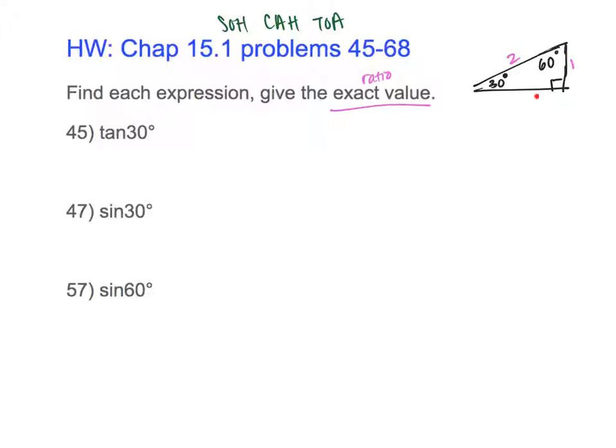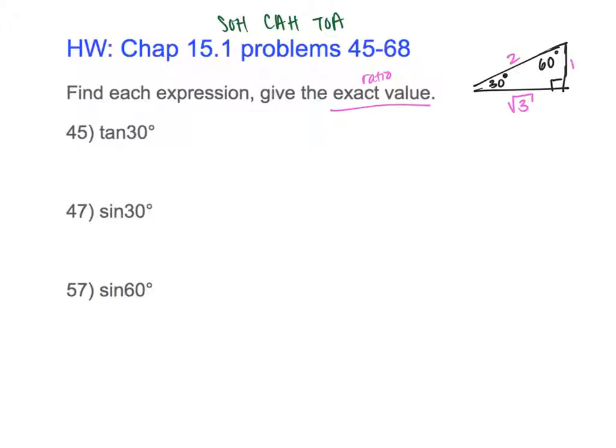And then this side here would just be 1 times the square root of 3, so that's just the square root of 3. If this doesn't make sense to you, make sure you go back to the notes in the previous slide, the one about the 30, 60, 90 triangle.